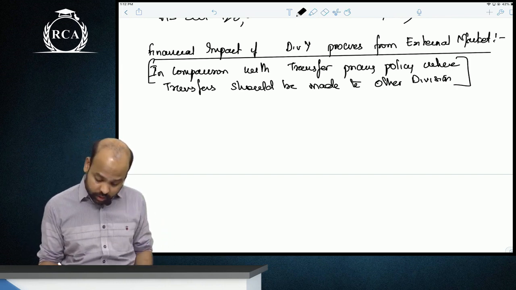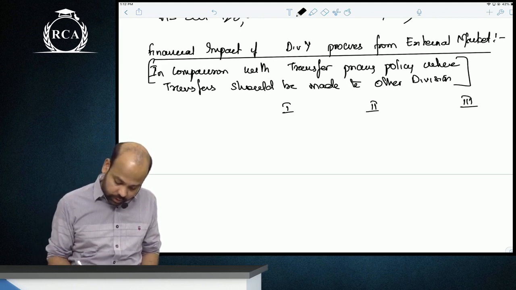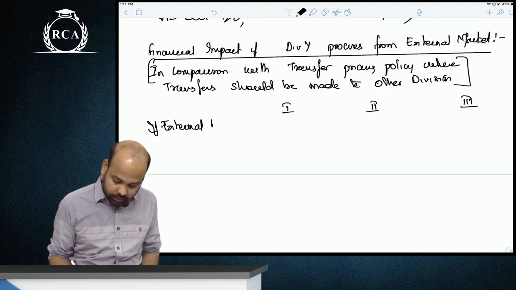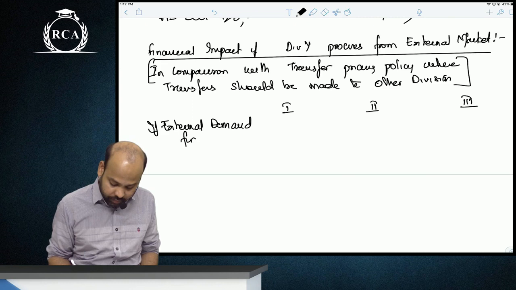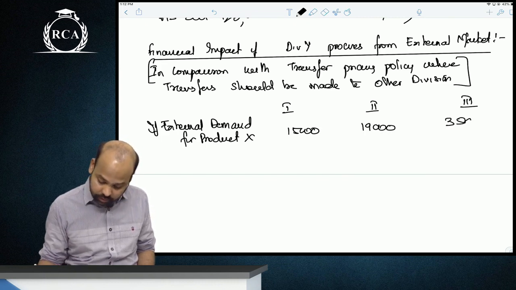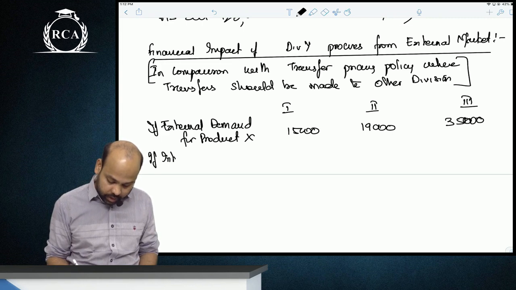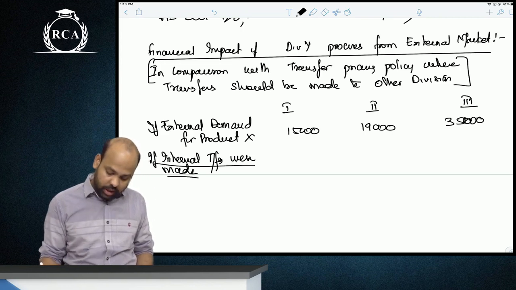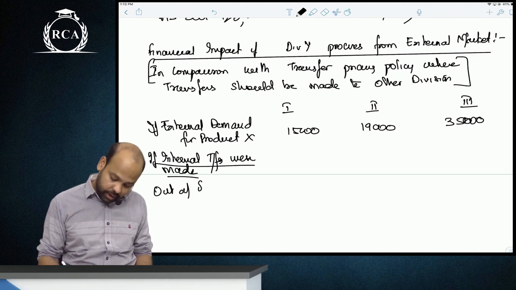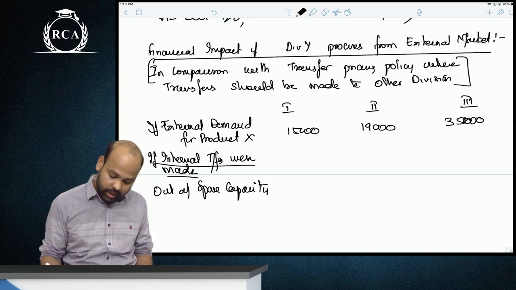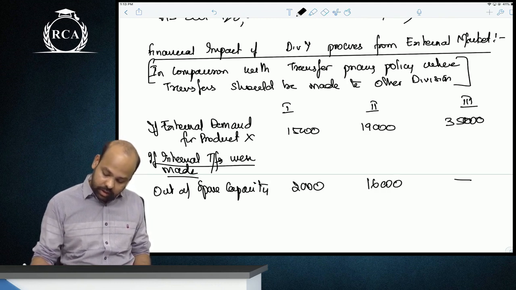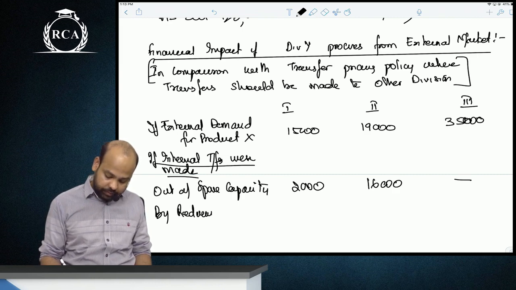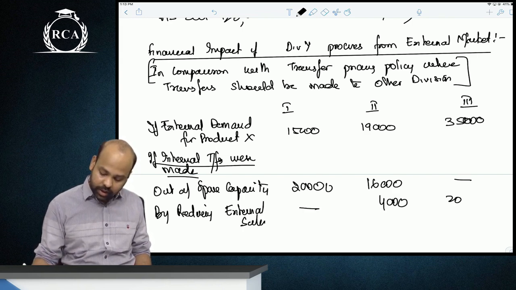So what am I going to write here? Three cases. If the external demand for product X is 15,000, 19,000 and 35,000, and if internal transfers were made out of spare capacity of 20,000, 16,000 and nothing, by reducing external sales, they would have made a transfer of 4,000 units and here 20,000 units.